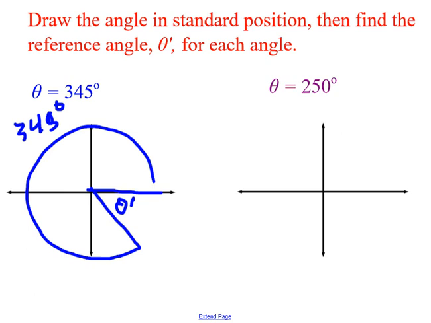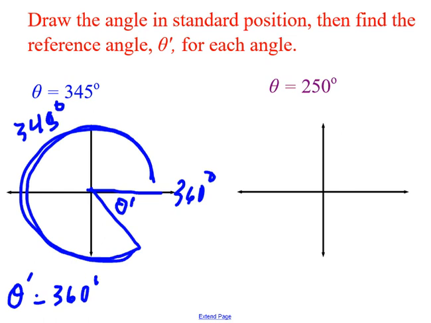Well, I'm gonna say, if this much is 345, and this much is 360, to get the reference angle, I could take 360 and subtract 345, and I get 15 degrees. Boom. That would be how big my angle is. Clearly, I didn't draw my picture very well, but you get the idea. All right, let's try the next one.